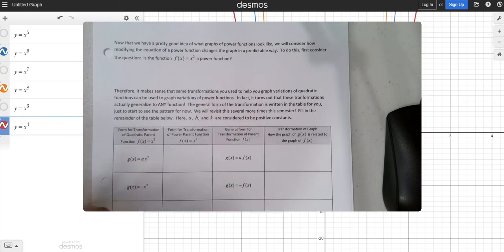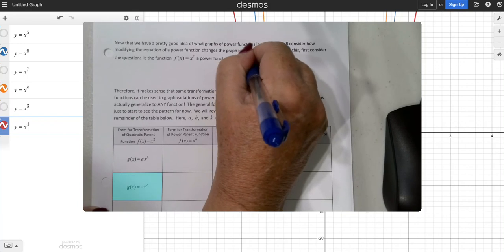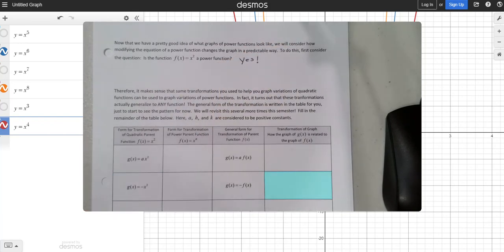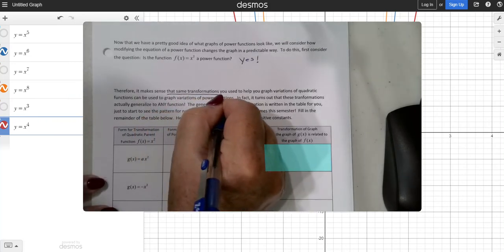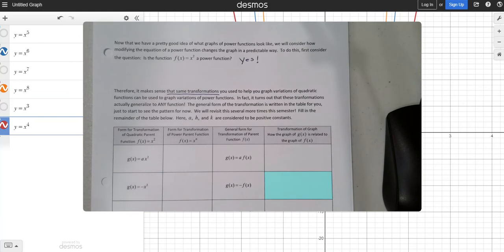It's x to a power. Fits the definition. Since it does, it makes sense that the same transformations that we use to help us graph different versions of our x squared are still going to work for any power function.